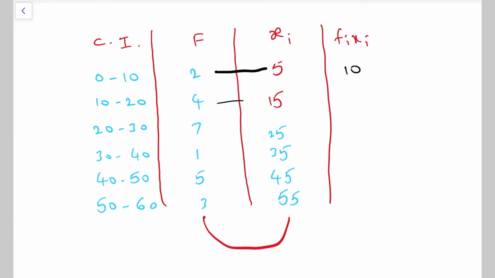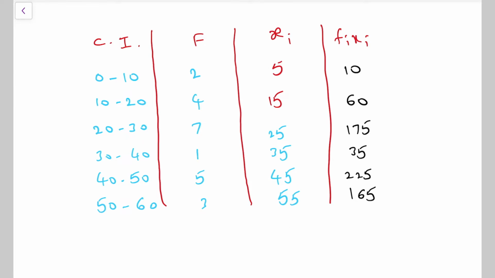Then 4 into 15, 15 4s are 60. 7 into 25, 175. 1 into 35, 35. 5 into 45, 225. 3 into 55, 165. This is the fourth column, fixi.